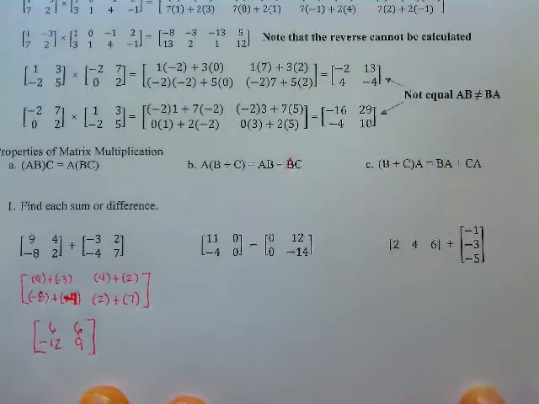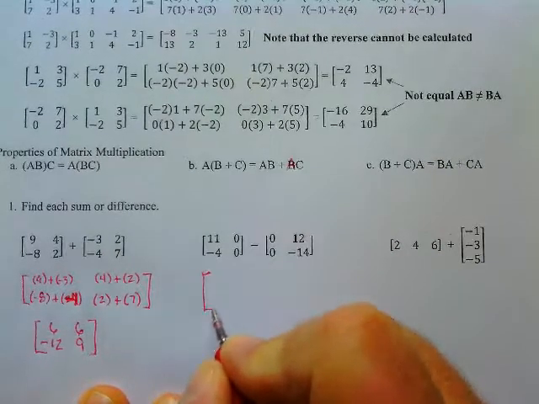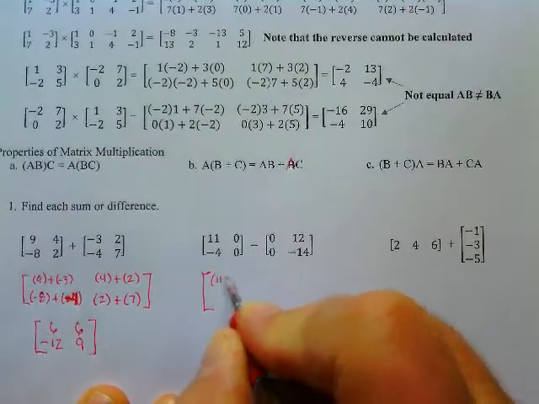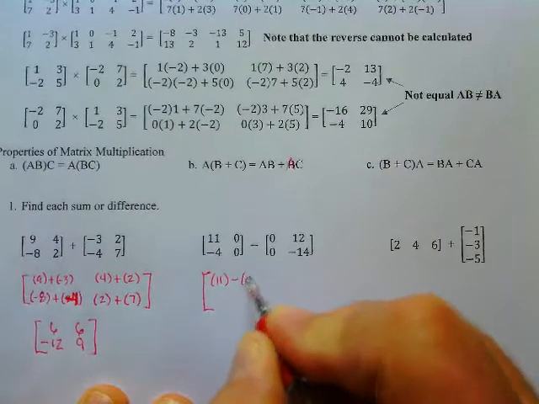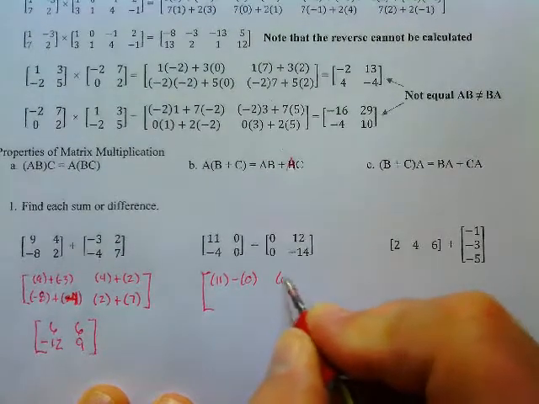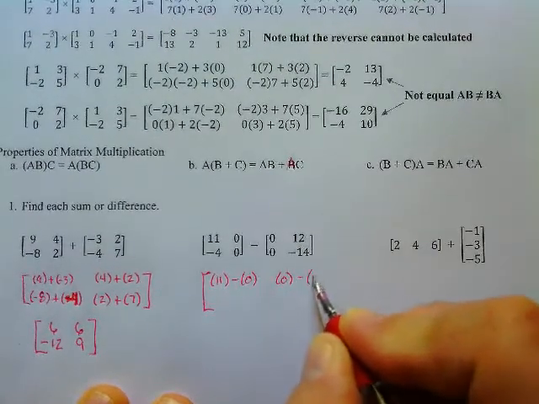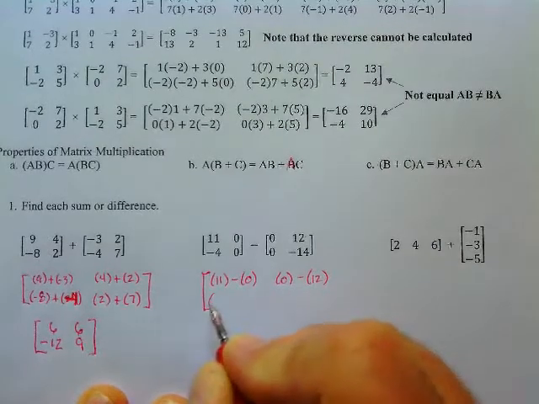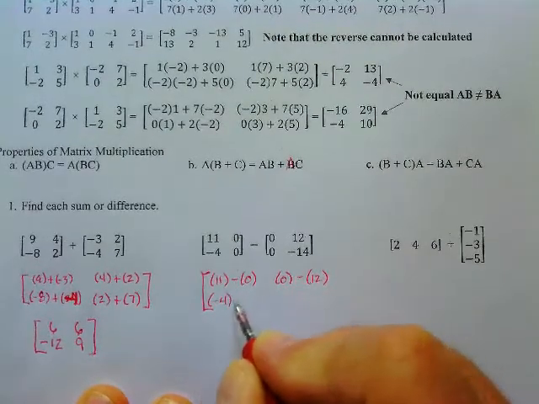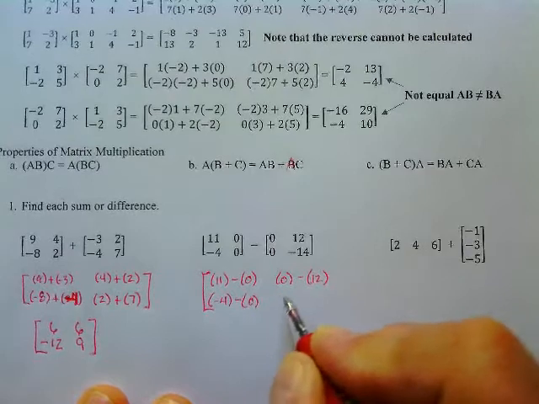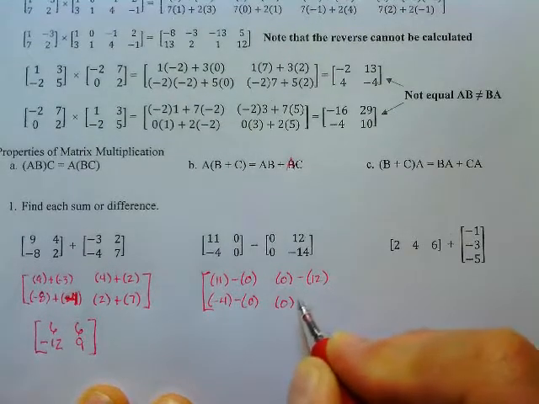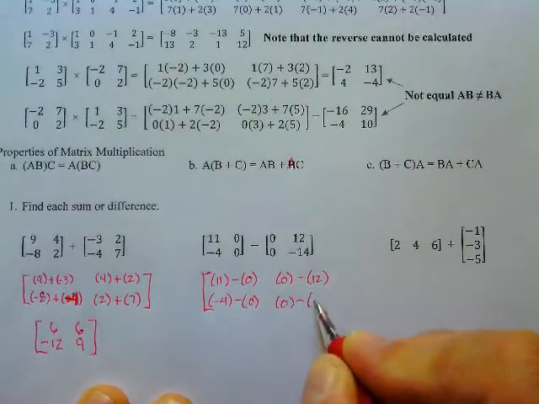All right, let's look at a subtraction. So we're going to have 11 subtract a 0, and a 0 subtract a 12, and a negative 4 subtract 0, and a 0 subtract a 14.